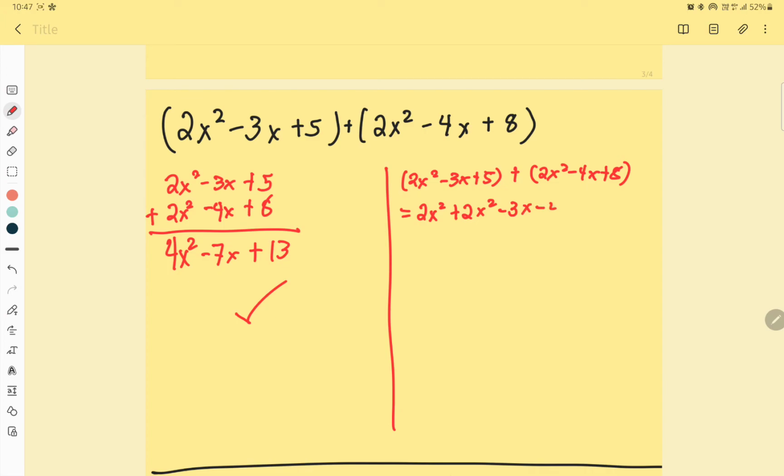Because I'm not a fan of doing shortcuts. Even I'm a math teacher, I'm not a fan of it, because what I really want to teach is the process. So you have this one, once again, combining this one. So you have now 4x squared minus 7x plus 13. I think the answer is the same.